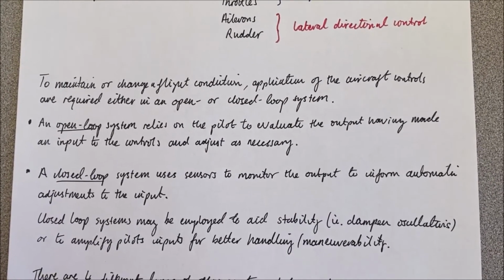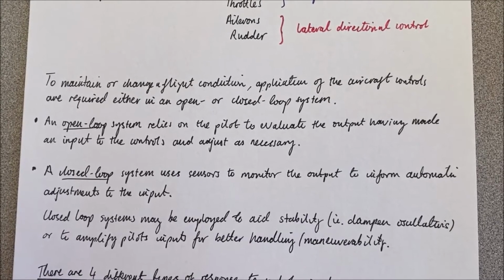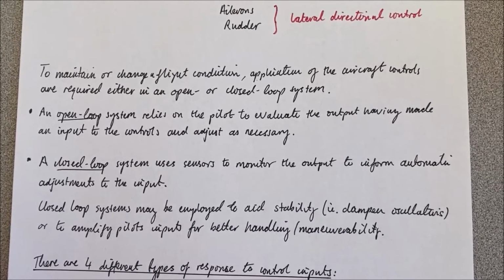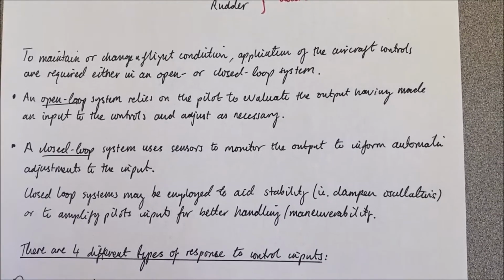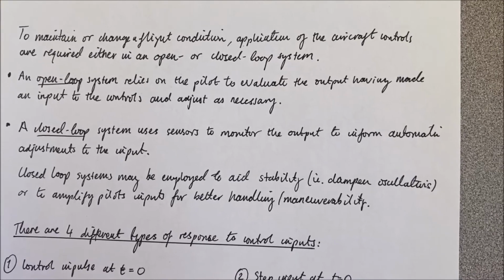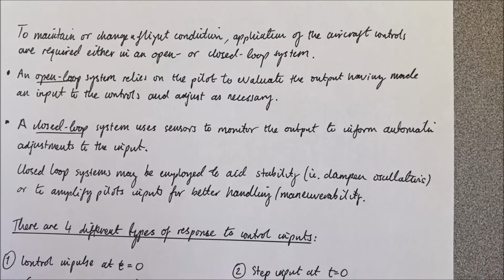Well, for a closed loop system, these adjustments are made automatically by a flight control system, for example, a flight data computer providing calculations to control actuators and that kind of thing, right?